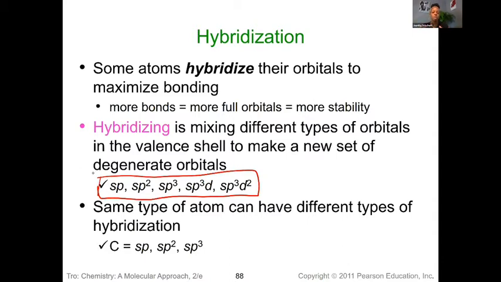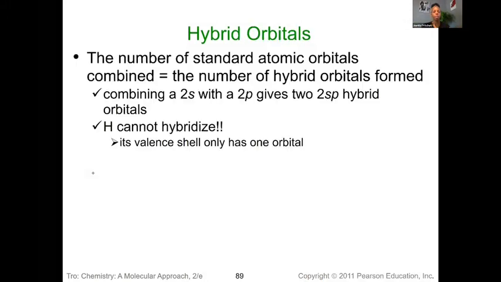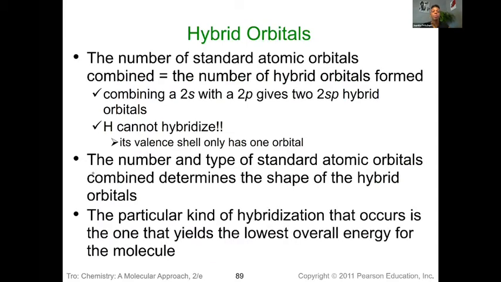And it's really interesting because some atoms can actually hybridize and make multiple types of these orbitals. Like, for instance, carbon can make sp hybrids, sp2, or even sp3 to account for the many configurations that we see carbon can take on in terms of shape. So again, with the hybrid orbitals, the number of standard atomic orbitals that we combine equals the number of hybrid orbitals that are going to form.